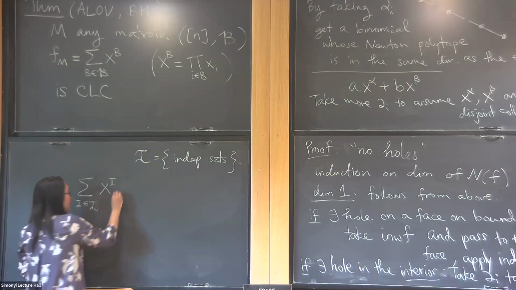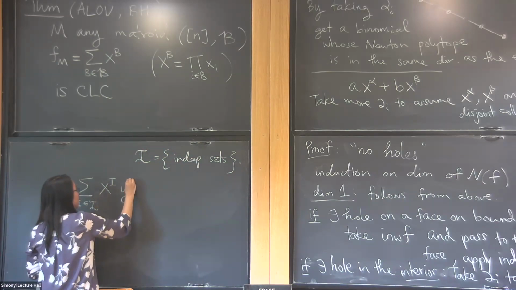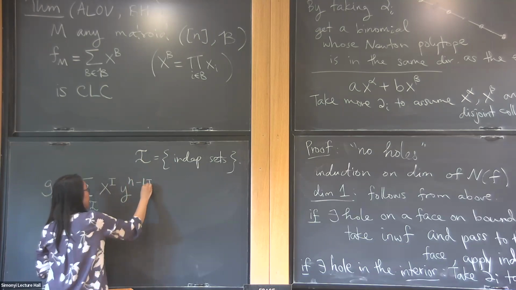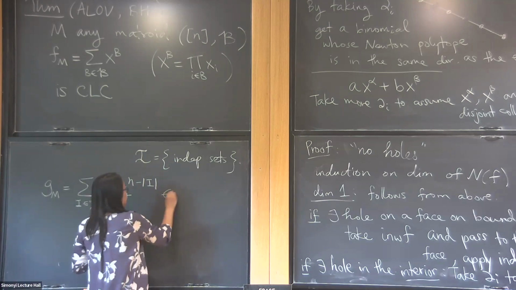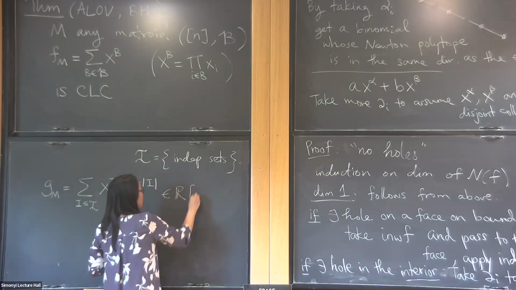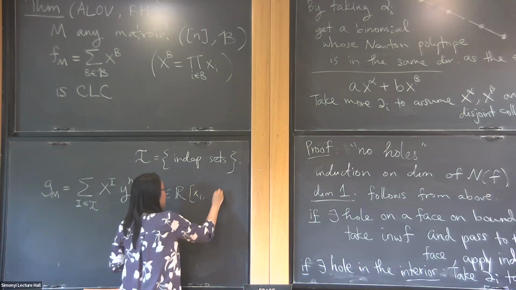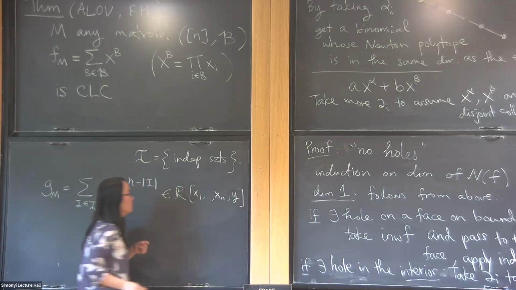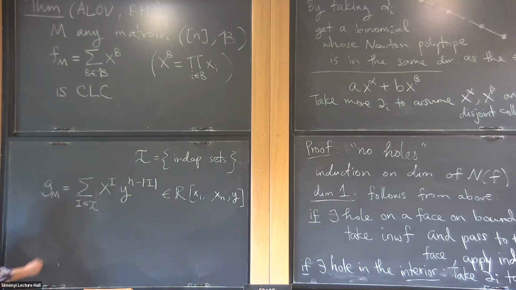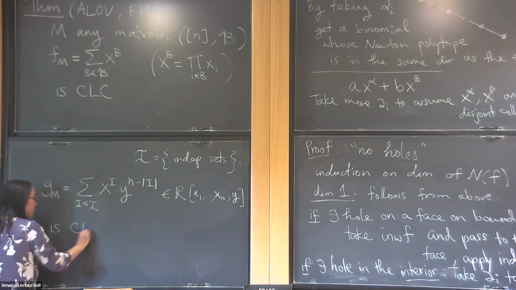So you just homogenize, multiplying by x_0 to the power n minus the size of I. Now this is a homogeneous polynomial of degree n, living in one more variable. This is also completely log-concave.